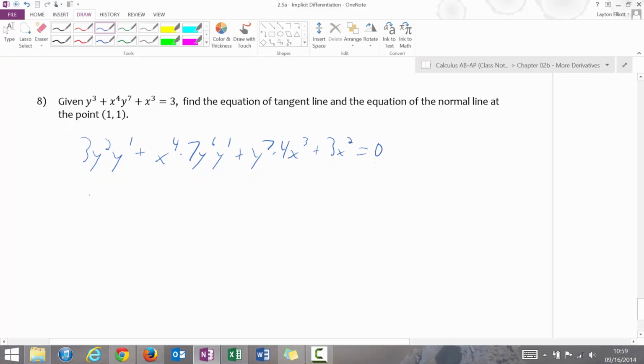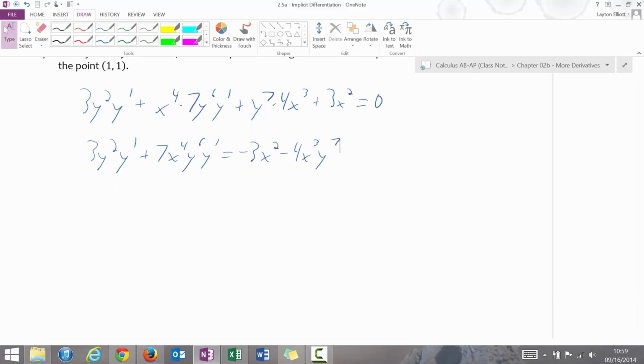Same thing, we're going to group our y prime terms on one side. I'm going to clean this up just with a 7x to the 4th y to the 6th y prime plus, equals. Move those two over to the other, negative 3x squared minus 4x cubed y to the 7th.